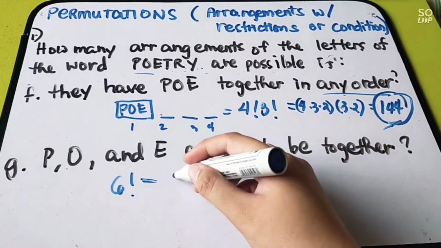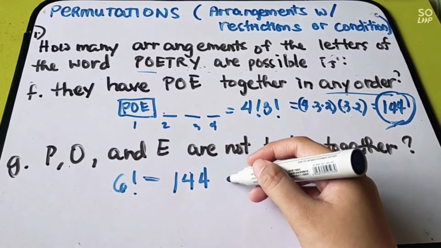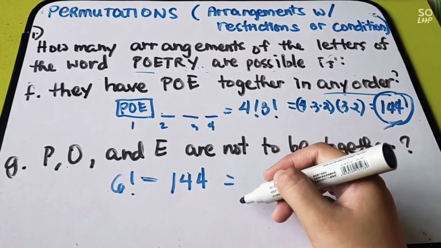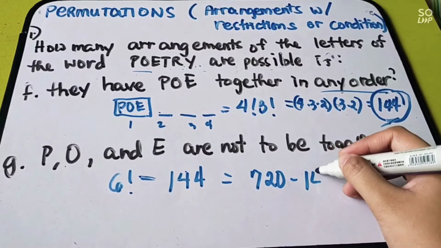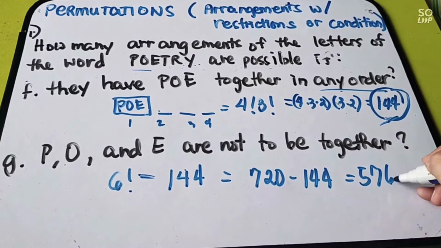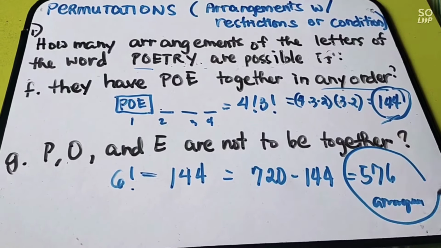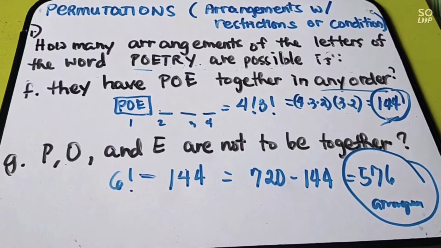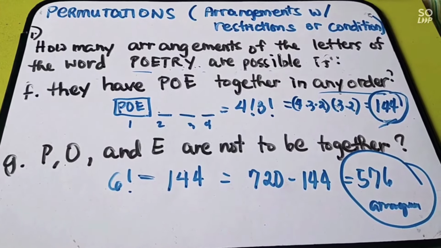So, therefore, 6 factorial minus 144. Ang sagot dito ay 720 minus 144, it is equals to 576 arrangement. Ganun lang siya kasimple. Simple na mahirap kasi kailangan mo intindihin yung kanyang sitwasyon.